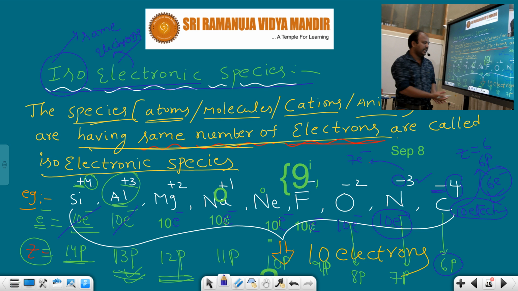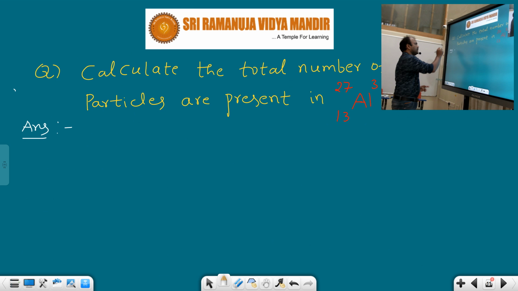After that you should observe that one question will be given. What is that? Calculate the total number of fundamental particles present in the following cation. What cation will be given? Aluminium 27, 13, plus 3.